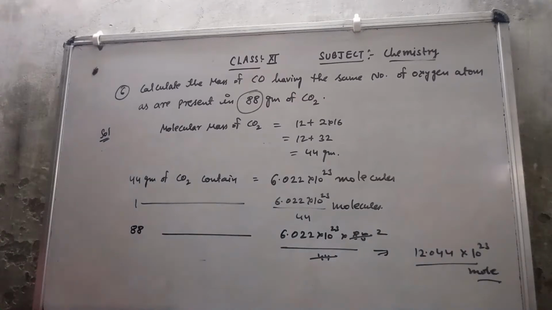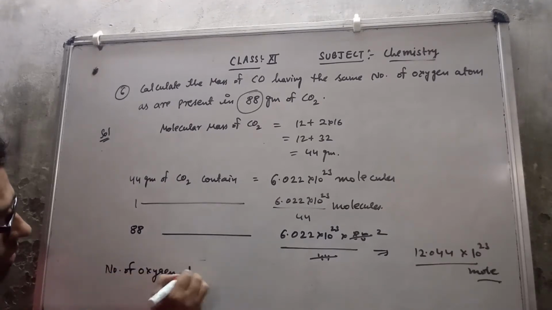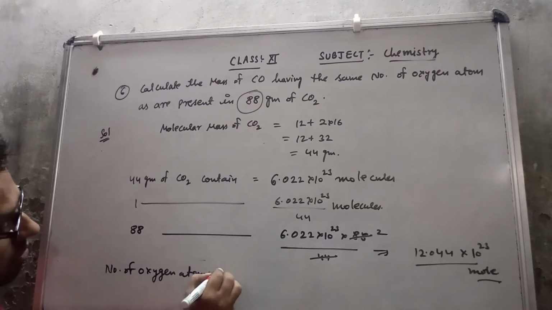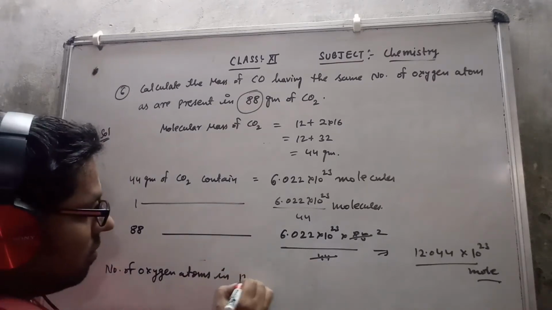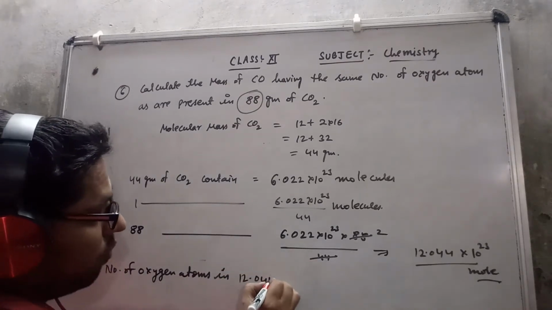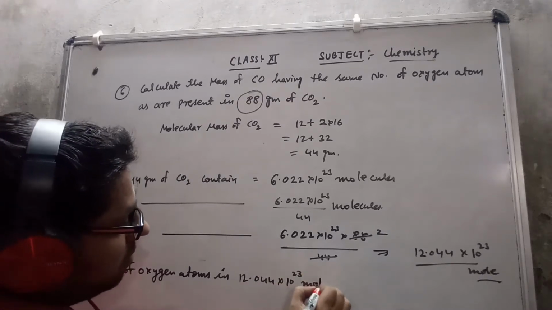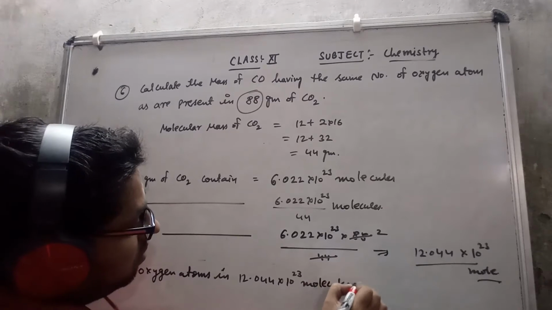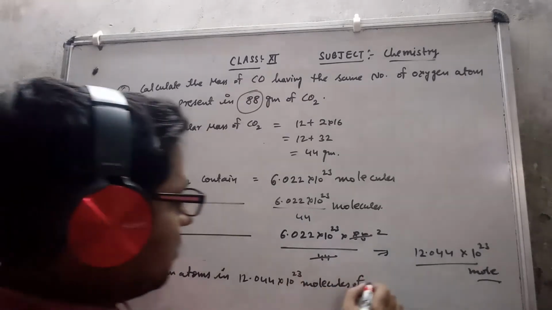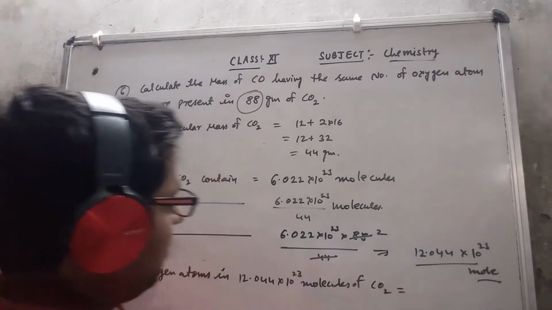So simply, if you find out the number of oxygen atoms in 12.044 into 10 raised to the power 23 molecules of CO2, how much will be there?